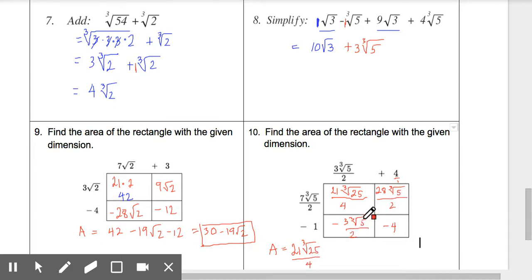And these two we can combine, so 28 and negative 3 gives us positive 25 cube root of 5 over 2, and then minus 4. This is the area of this rectangle.